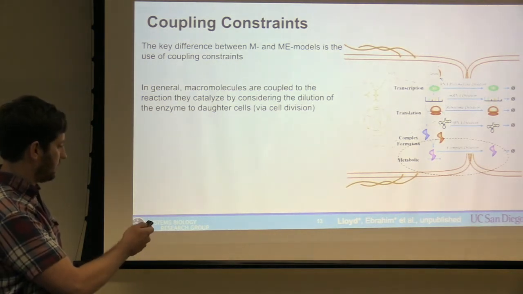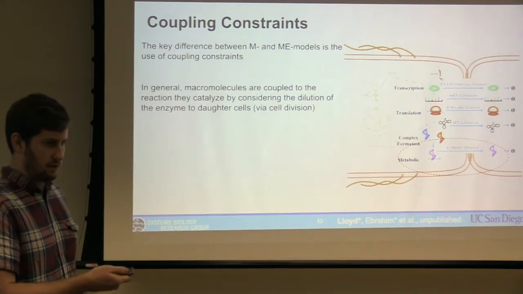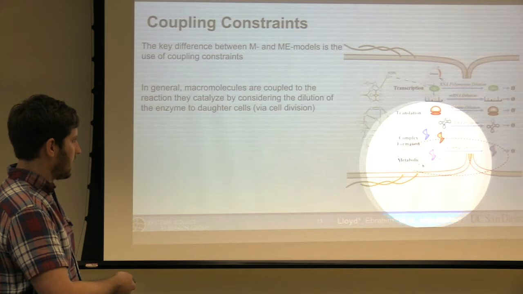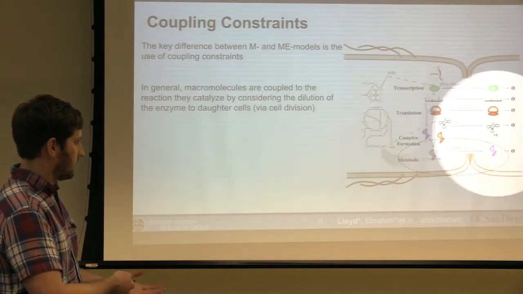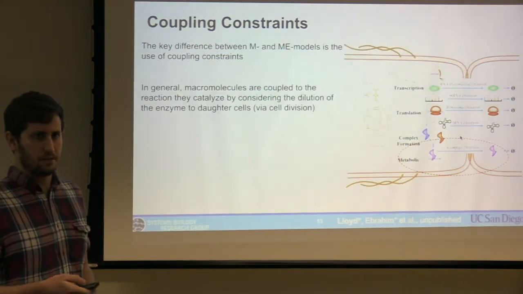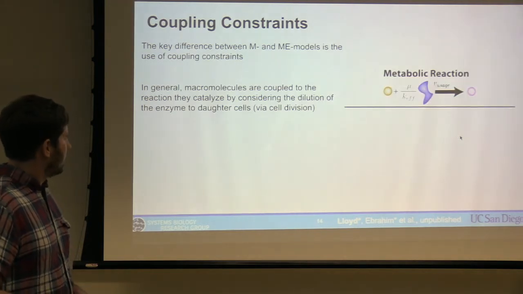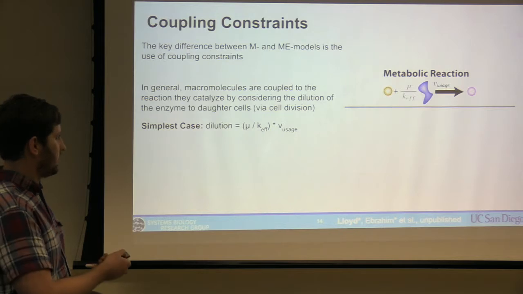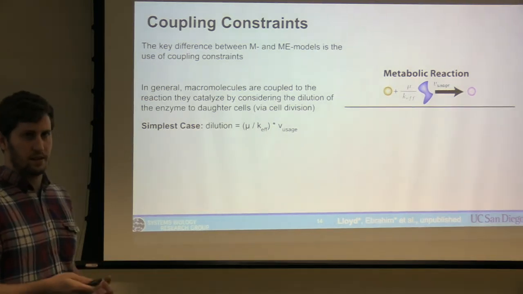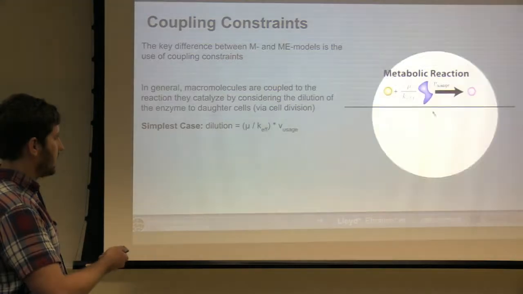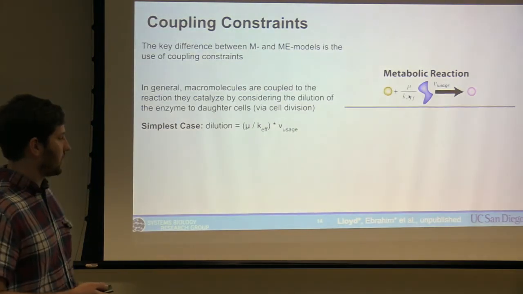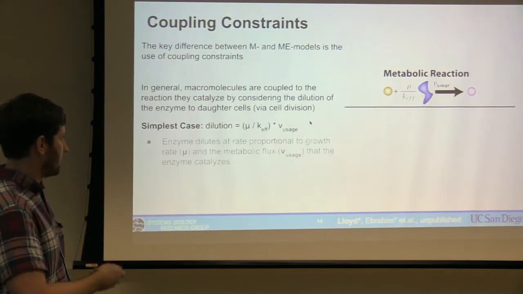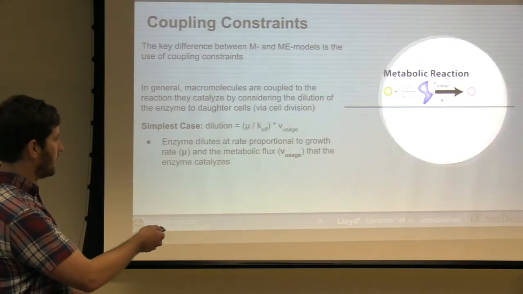Now I'm going to first talk about the easiest case of formulating a coupling constraint, which is for metabolic reactions, and it's coupled through the dilution of its complex. This represents pretty much the simplest case, where the dilution of a complex to catalyze a metabolic reaction is defined by the growth rate divided by the k effective times the rate that it's used, which is a depiction of how that's actually implemented right here.